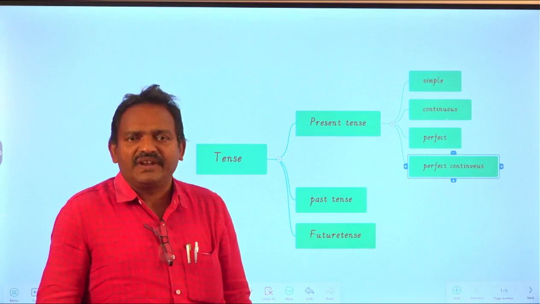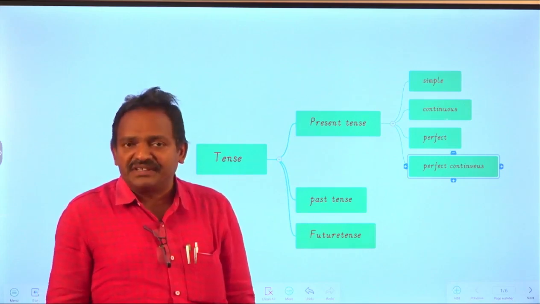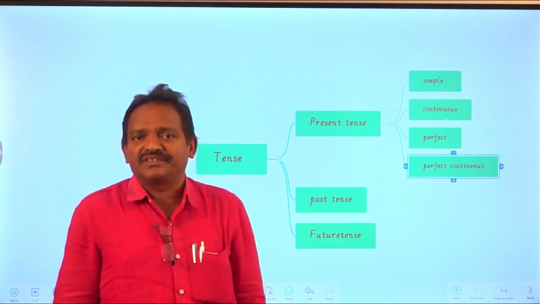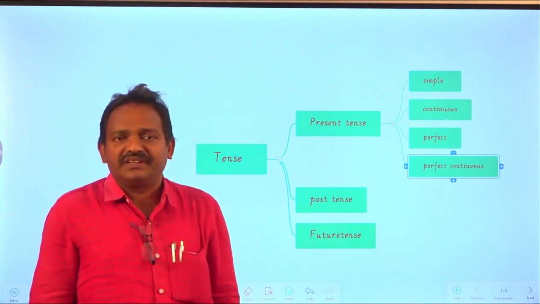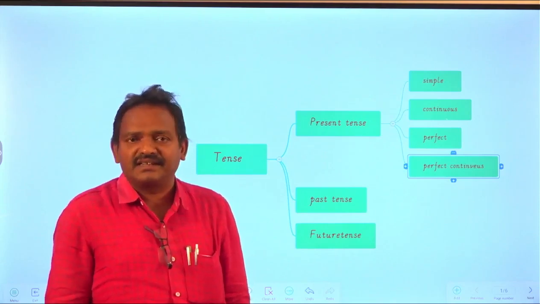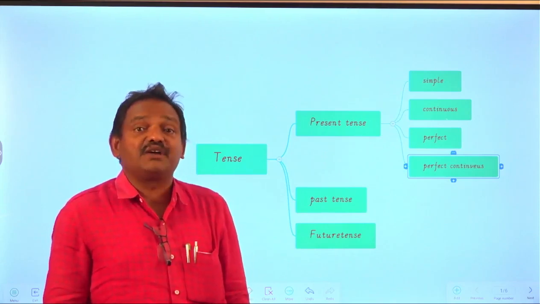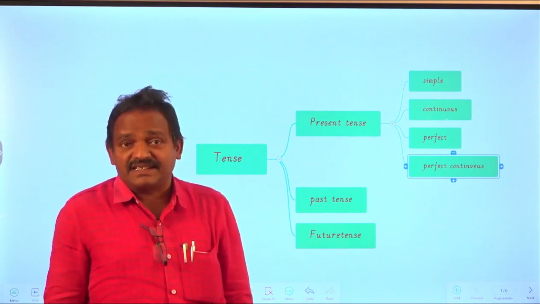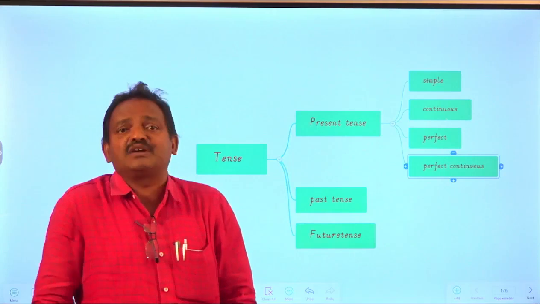We know very well, that is the present tense, the past tense, the future tense. What is present tense? Present tense tells us about an action which is done at the present time. Understand? The present tense tells us about an action that is continuing at the present time.